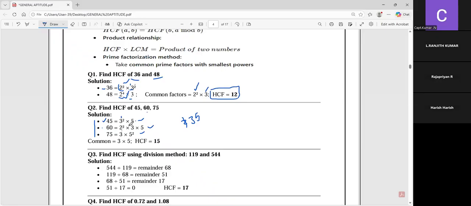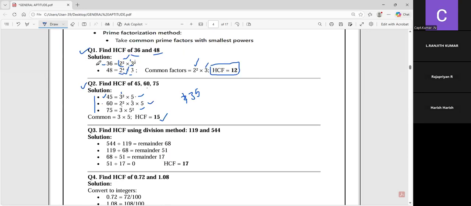The next one is 3: 3 square is present, 3 power of 1 is present, 3 power of 1 is present. So I take the minimum, 3 power of 1. And another one, 5 power of 1, 5 power of 1, 5 power of 2. So the minimum is 5. So 3 into 5, how much is it? 15. This is the answer here. So the first problem and second problem are both the same. So this is two sets of problems.